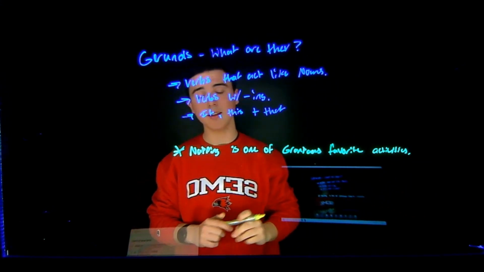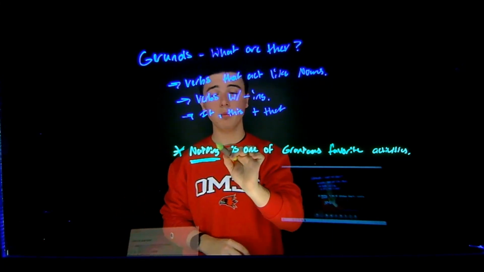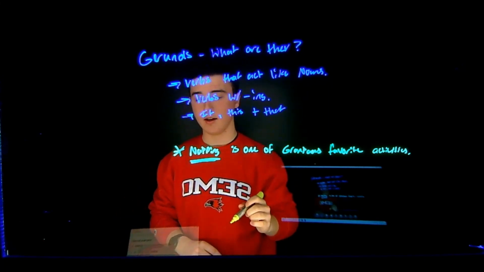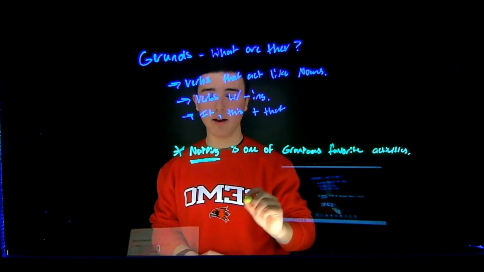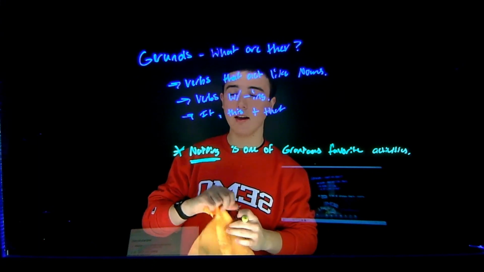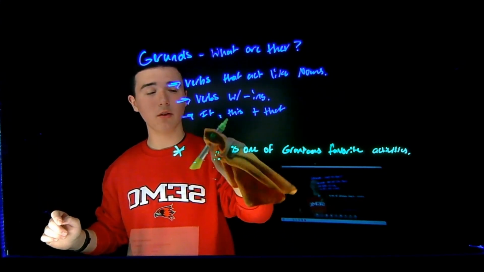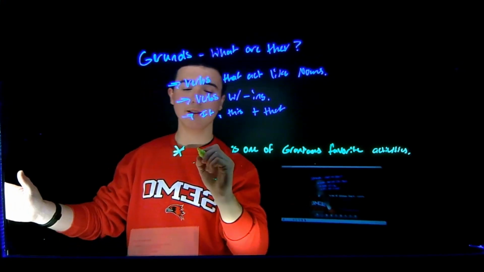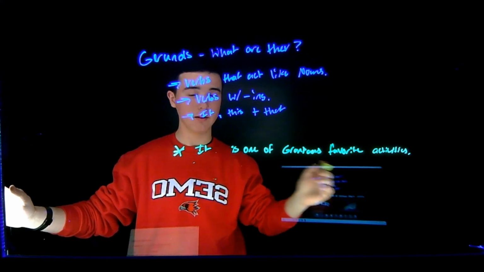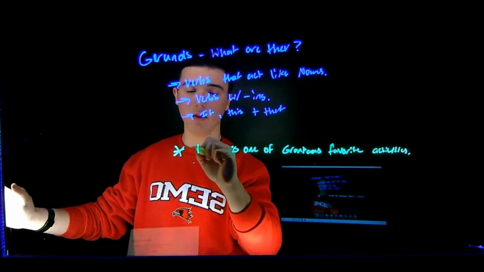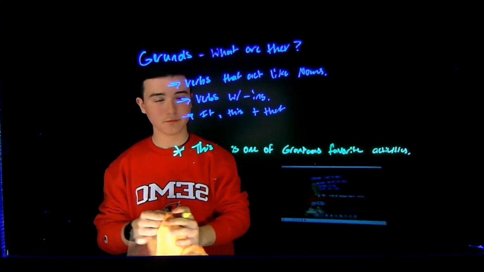So, as you can see in this phrase, napping is our gerund because it is the verb with the ing ending, and napping is also the subject of our sentence. And then with this, you can also switch it out with our phrases it. So it is one of Grandpa's favorite activities, or this is one of Grandpa's favorite activities, and so on.